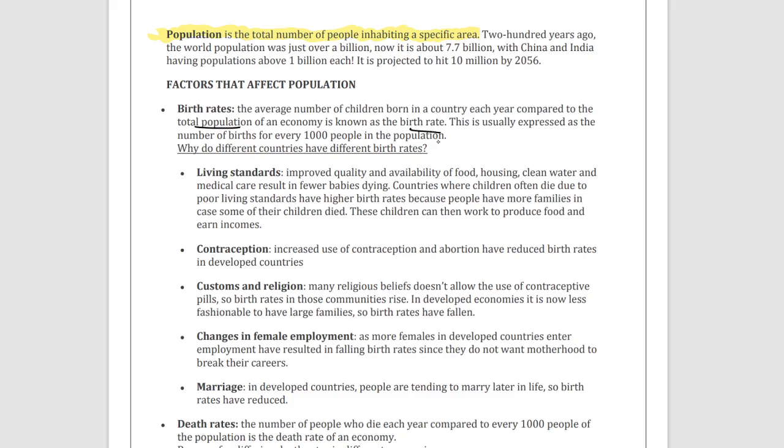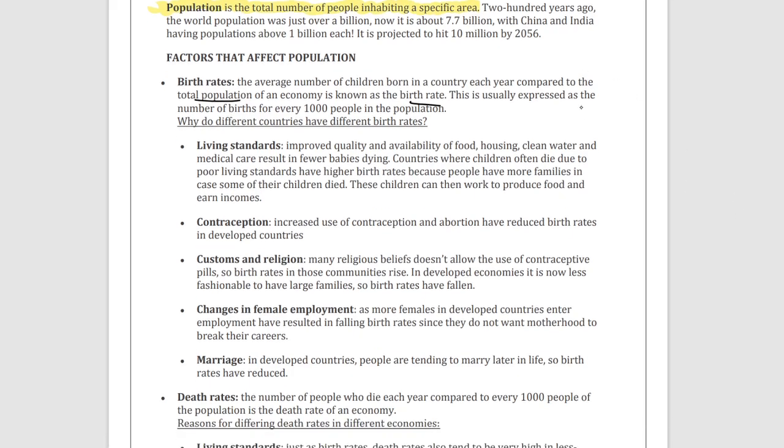This is what we call the birth rate. So basically, how many people are being born per year. This is usually calculated per 1,000 people in the population. If you do geography, you already know this definition is exactly the same, nothing different in economics.